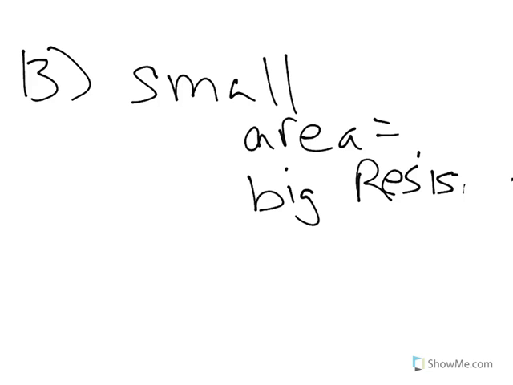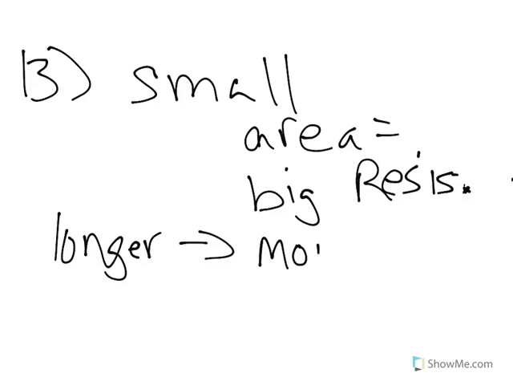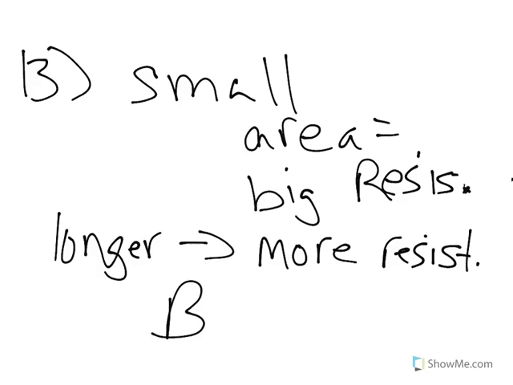So it's not C or D. We also need to know the longer the wire, the more resistance. So we need a small cross section, so it's either A or B, and we need the longest one, so it's B for sure because it's got the longer length.